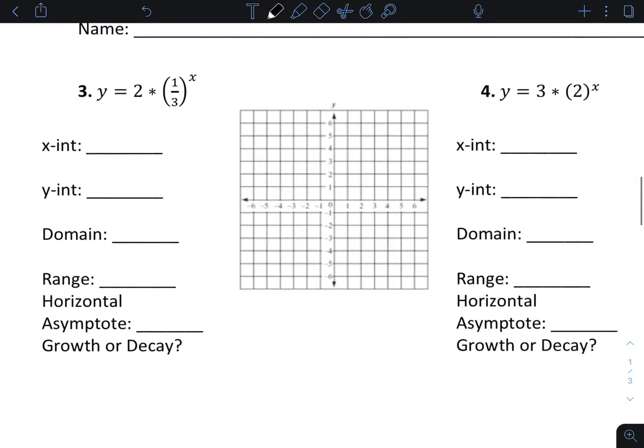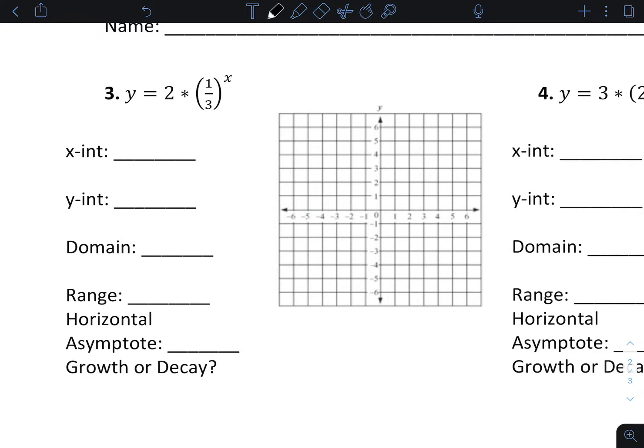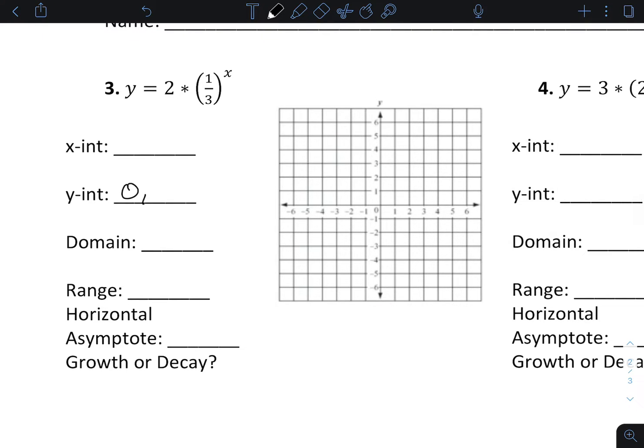Now let's look at number 3. Here's the thing. Just by looking at the equation for number 3, I already know that the y-intercept is going to be (0, 2). The reason why is that this value out front is always your y-intercept.